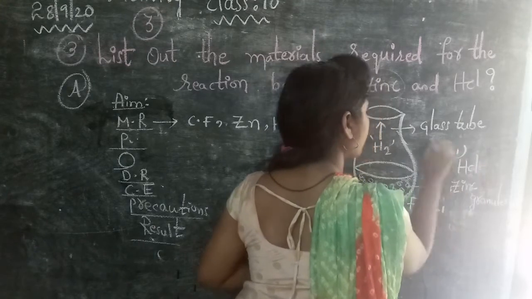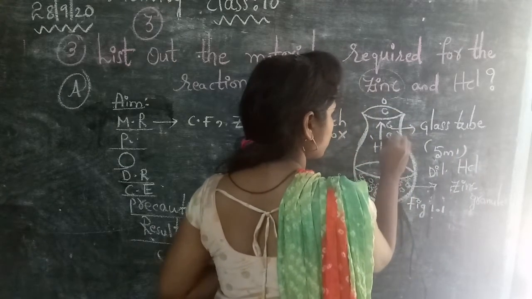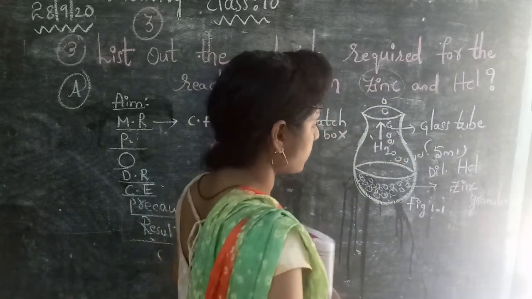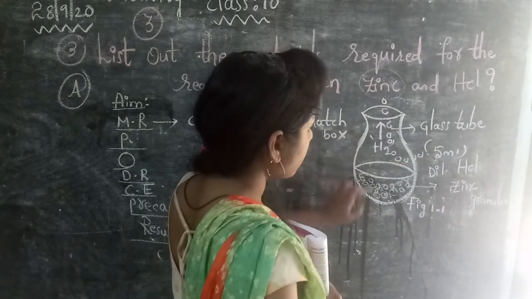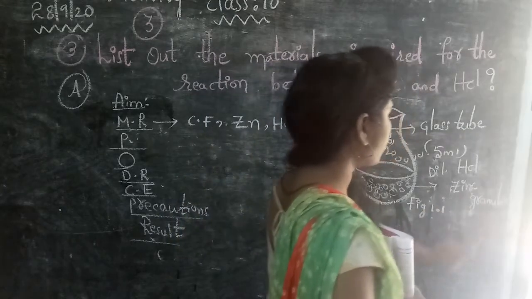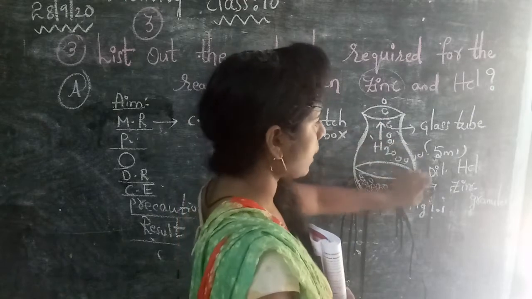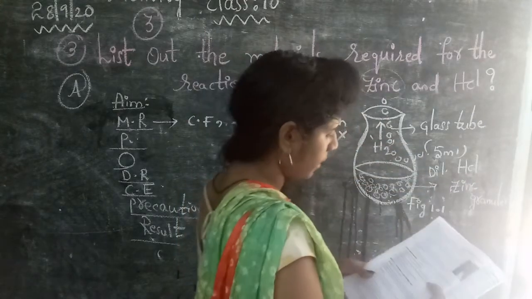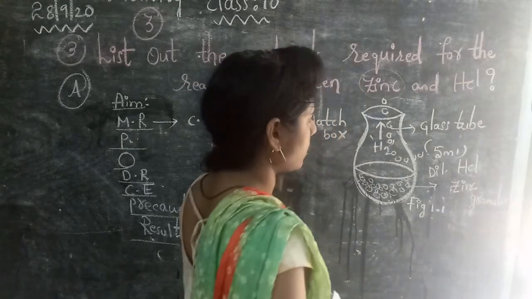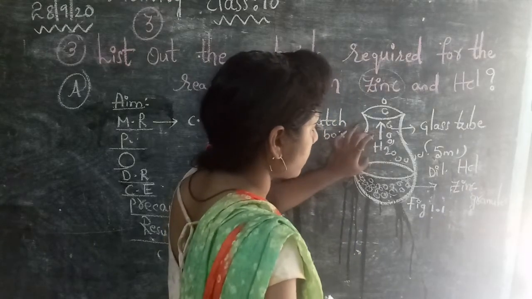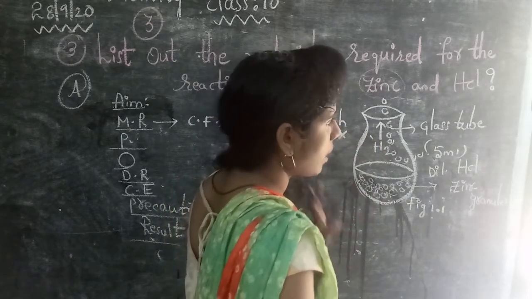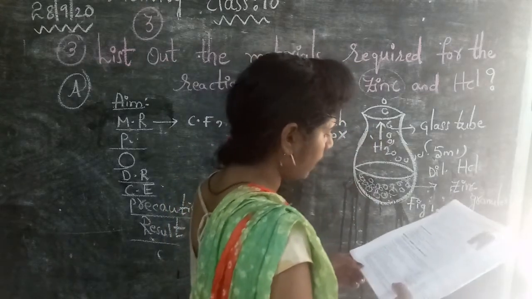Later you have to observe the changes in the flask. After adding the hydrochloric acid, whether it is going to react with the zinc granules or not, you have to observe the changes.